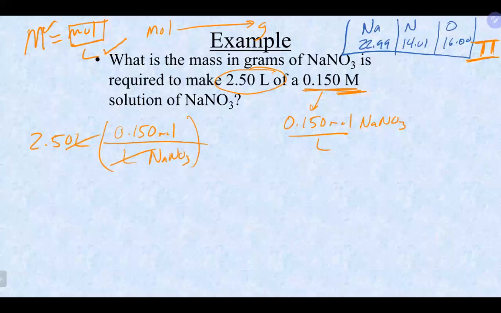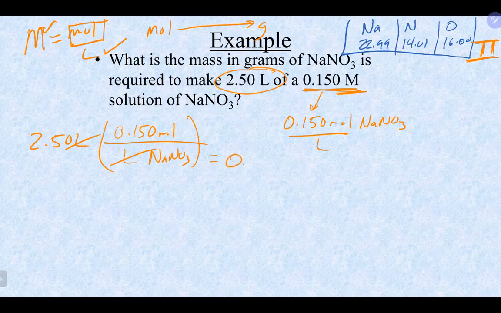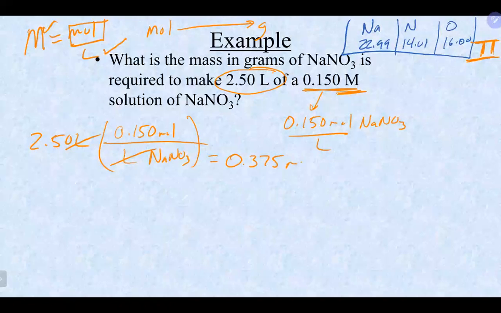The liters will cancel, and that will give us 2.5 times 0.15, 0.375 moles of sodium nitrate.